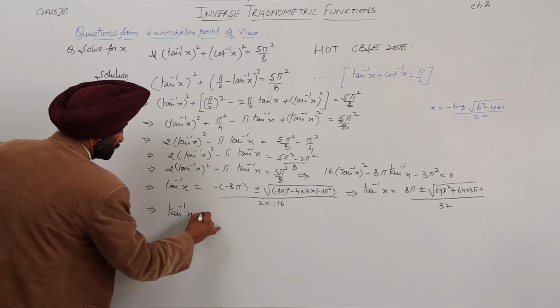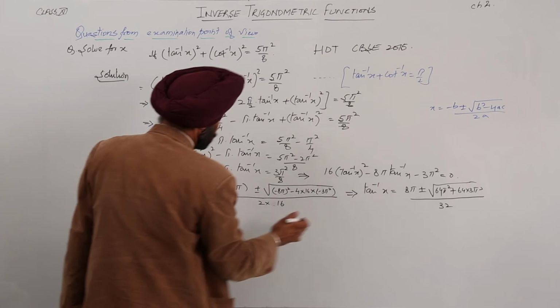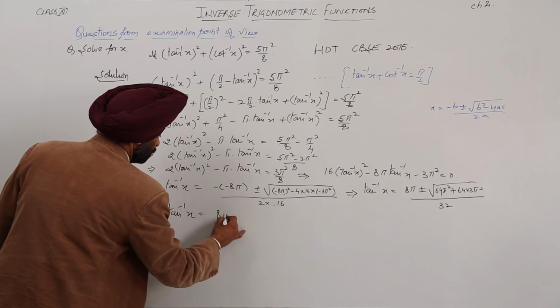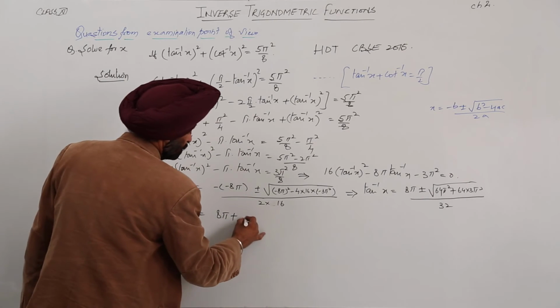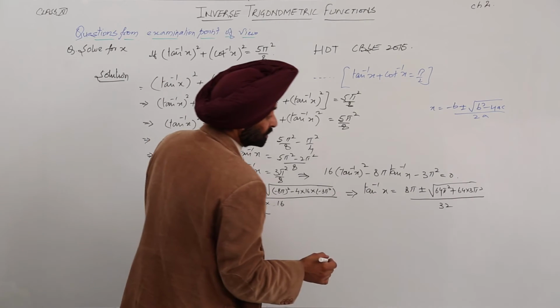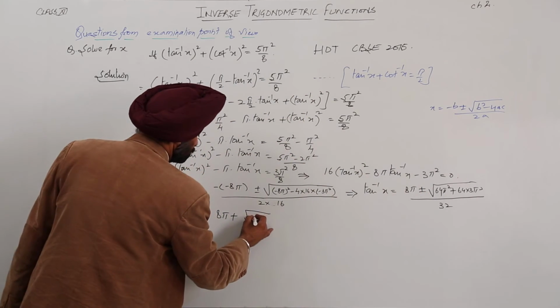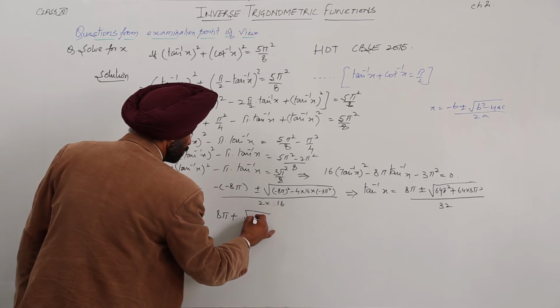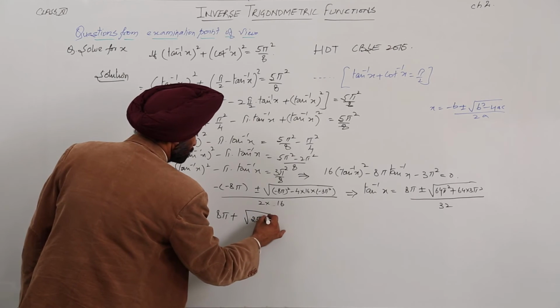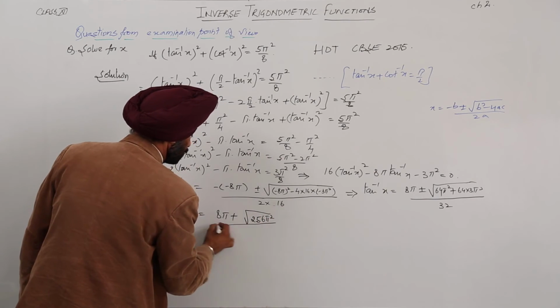So now this becomes tan inverse x is equal to 8 pi plus minus, 64 times 3 becomes 192, 192 plus 64 is 256 pi square, upon 32.